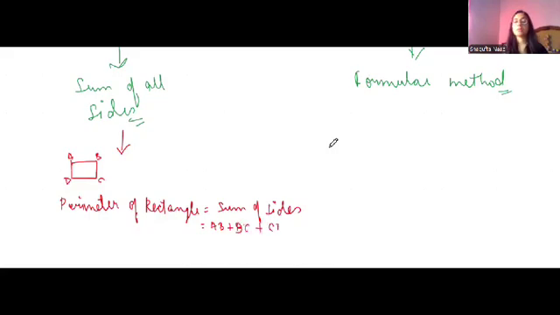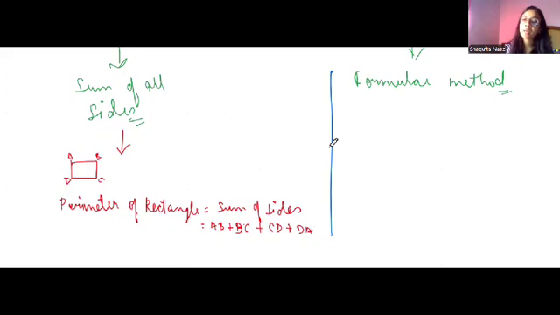This is how we found the perimeter. The second method is the perimeter of a rectangle by the formula method.